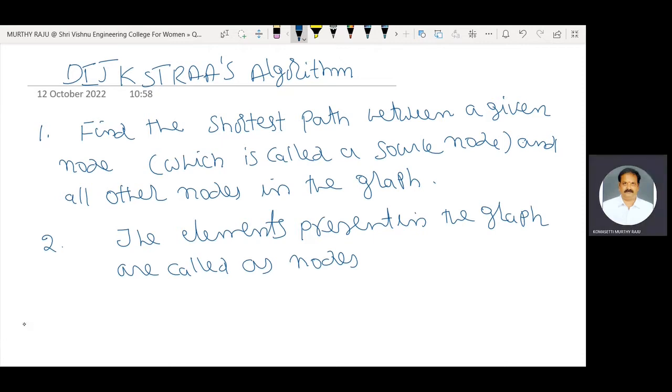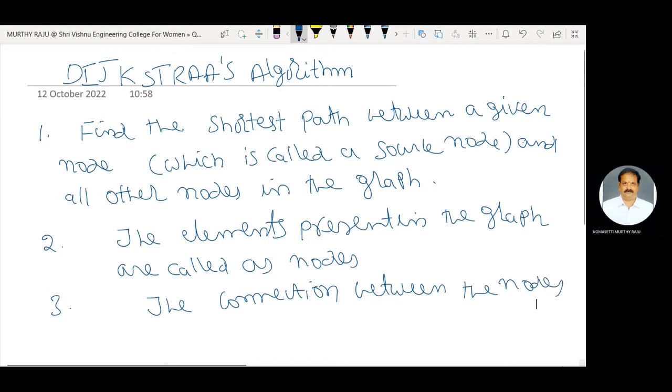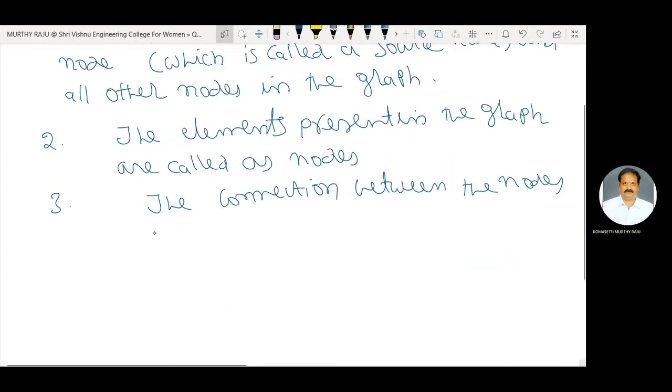The connection between the nodes are called edges.